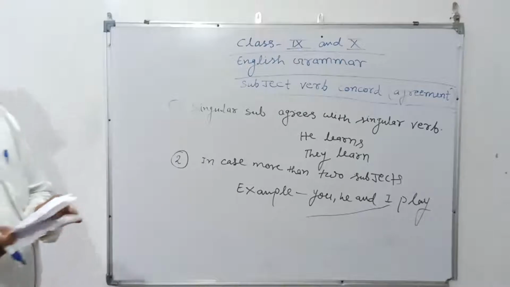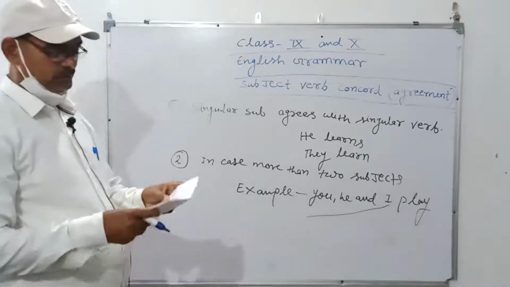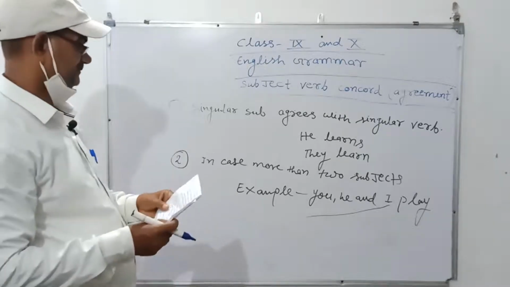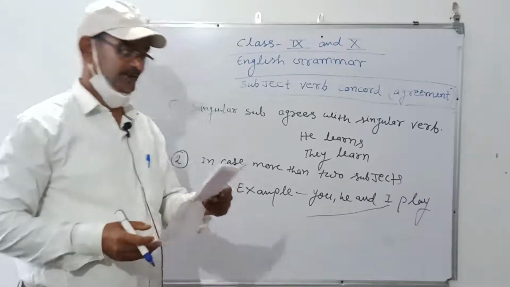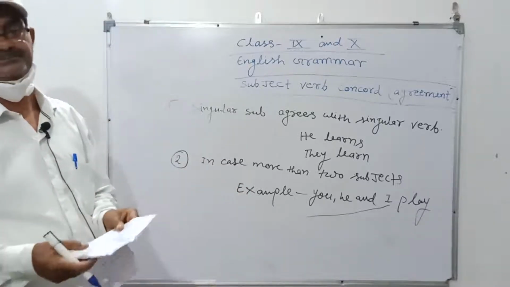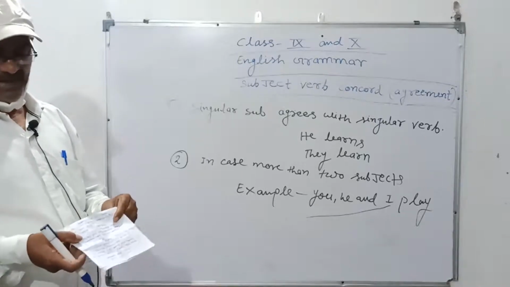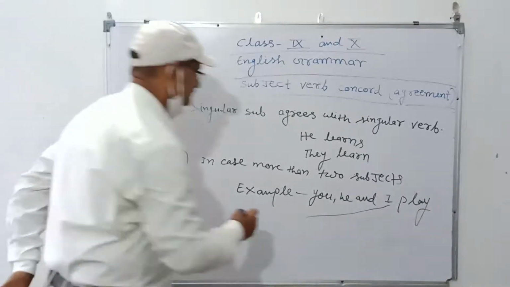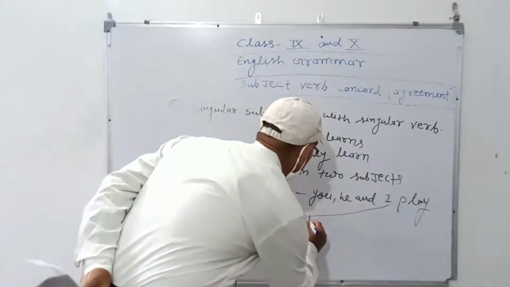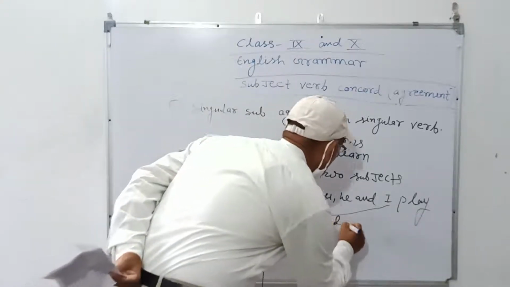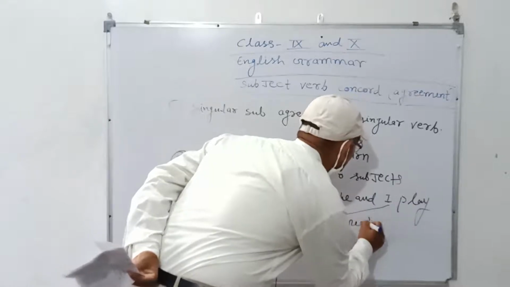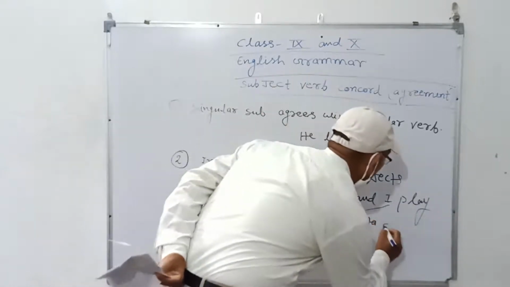Two or more single subjects joined by and again take a plural verb. Sita and Gita are sisters.